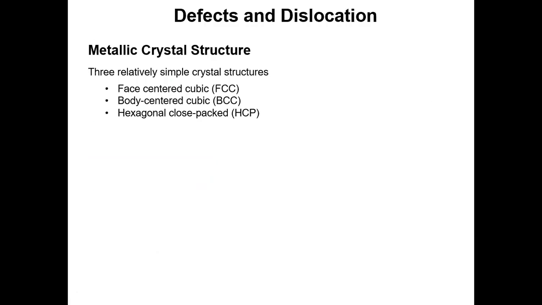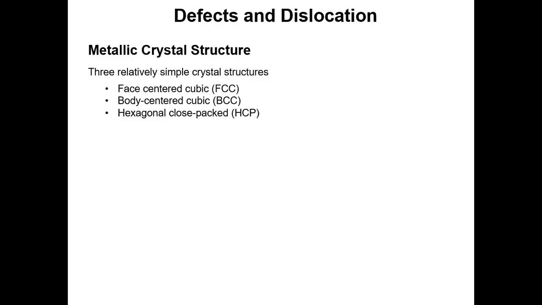If we talk about the crystal structure of metals, we can categorize most metals into three types of simple crystalline structures. That means we can identify the patterns of the arrangement of the atoms.